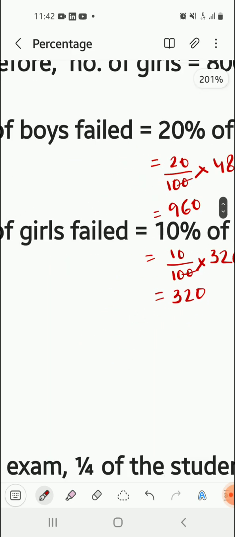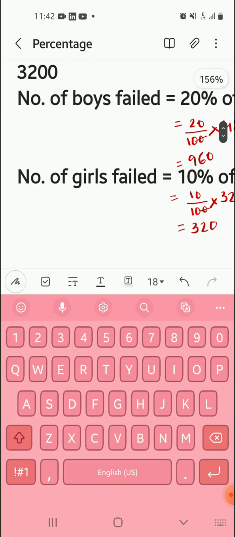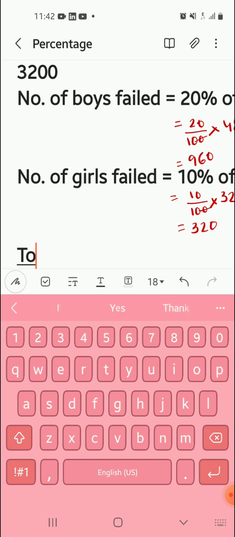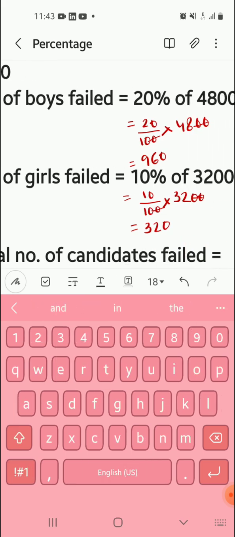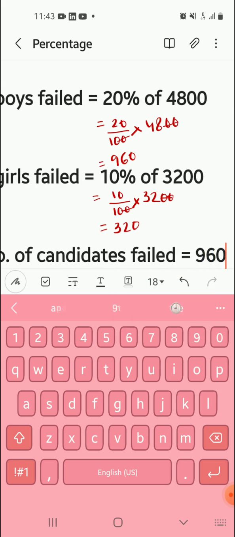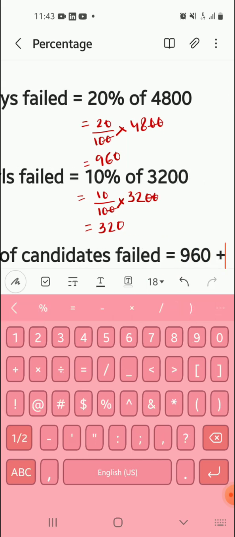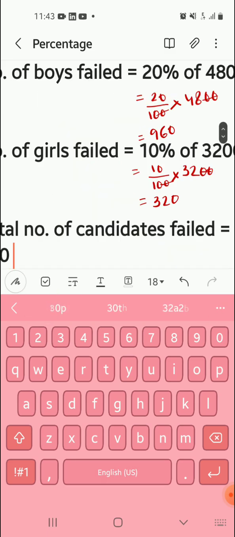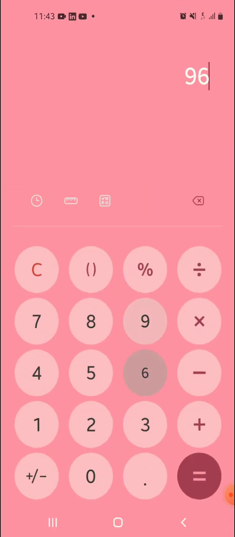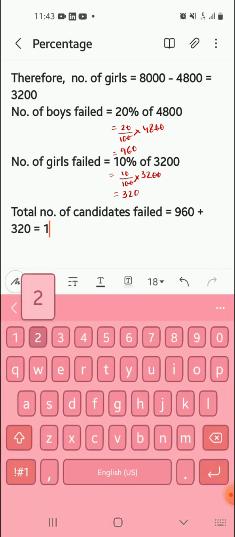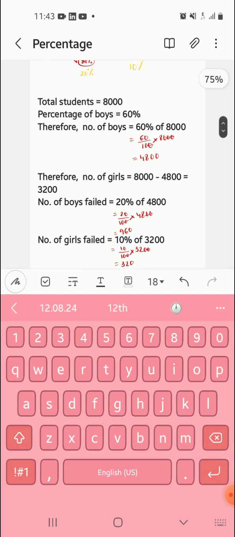So now the total number of students who failed will be the addition of both boys and girls. So total number of candidates failed is equal to the number of boys who failed, that is 960, and the number of girls who failed, that is 320, which is equal to 960 and 320, that is 1280. That is it.